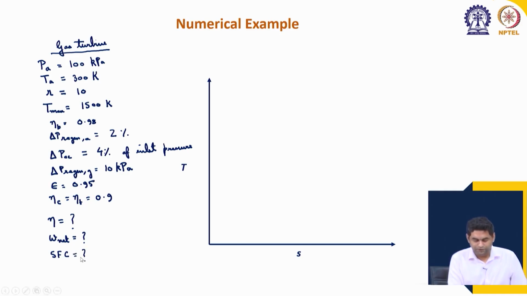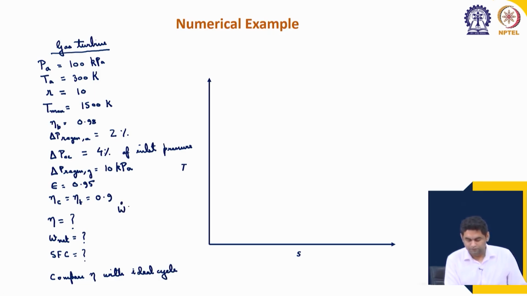We also want to compare the efficiency with the ideal cycle. And if it is stated that the turbine will generate a power of 50 megawatt, we want to know the mass flow rate of air through this turbine. So, this also we need to find.